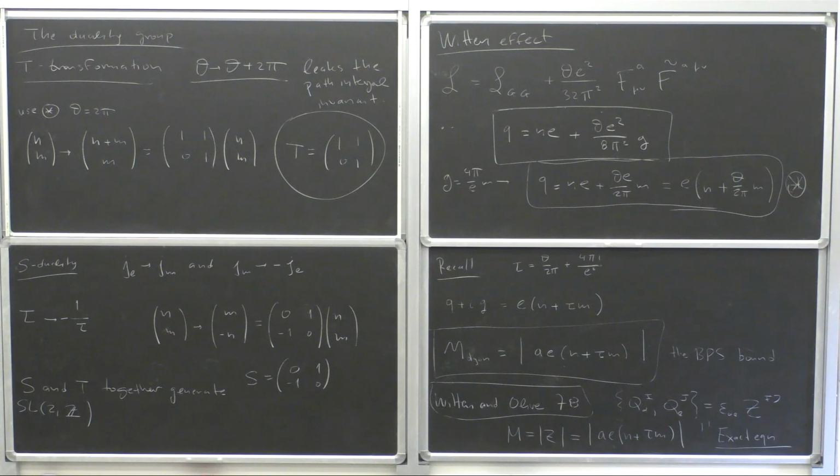Yes, and this group is parametrized, I mean, it means that they are 2 by 2 complex matrices with the determinant being 1. Yes, and at the level of tau, this is like this.